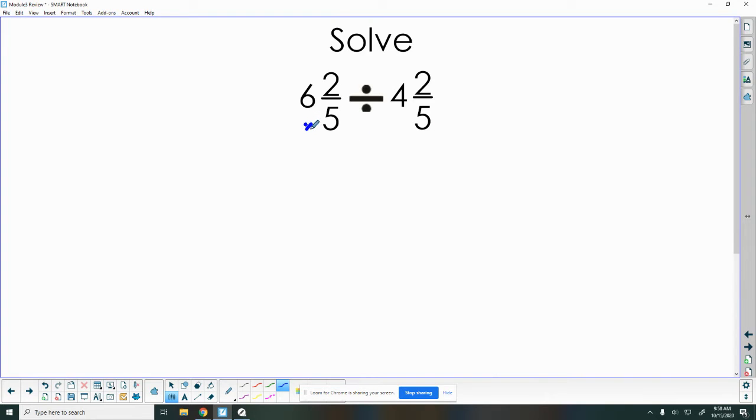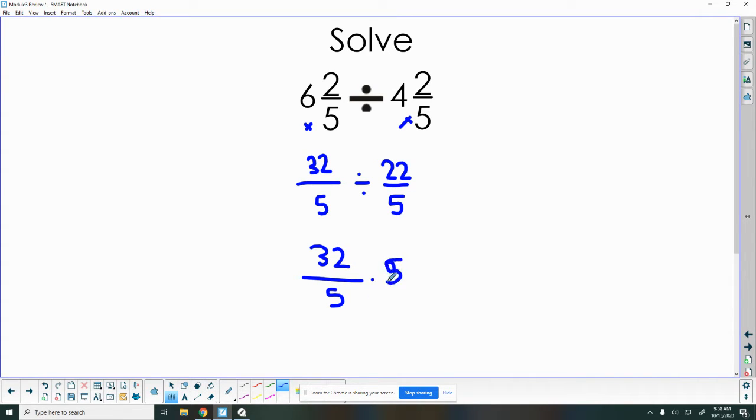So I use an improper fraction, or a fraction greater than 1, to do that. 6 times 5 is 30 plus 2 is 32/5. My denominator stays the same. And I'm dividing by 4 times 5 is 20, plus 2 is 22 over 5. Now I need to copy, dot, flop.